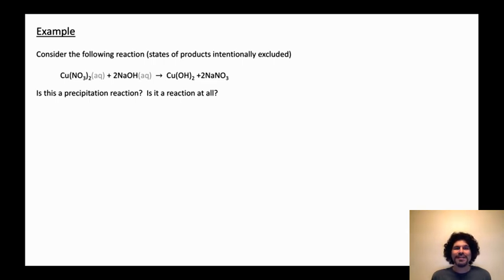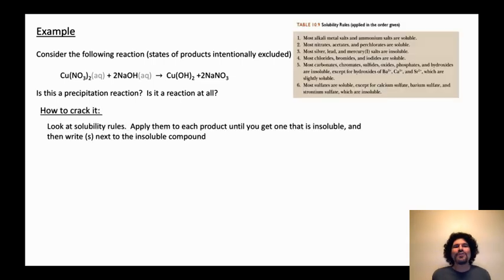What that really means is, can we write solid next to one of the 2 products? And in order to do that, we have to conclude that one of these 2 products is insoluble. So how do we crack it? We look at the solubility rules, which I've reproduced again, and apply them to each product until you get one that is insoluble. So let's start by looking at copper hydroxide.